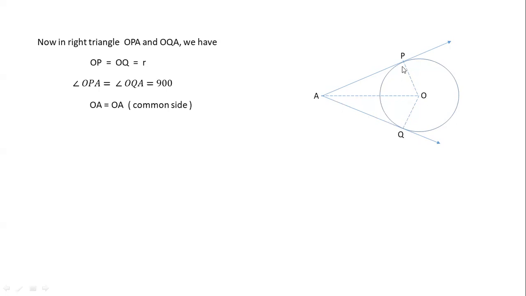So we have the right angle, the hypotenuse, and a side equal. If you see here, this is the hypotenuse, this is the radius, and this is 90 degrees. So these two triangles are congruent by the RHS rule: right angle, hypotenuse and side. Right angle, hypotenuse and this side are equal, so these two triangles are congruent.